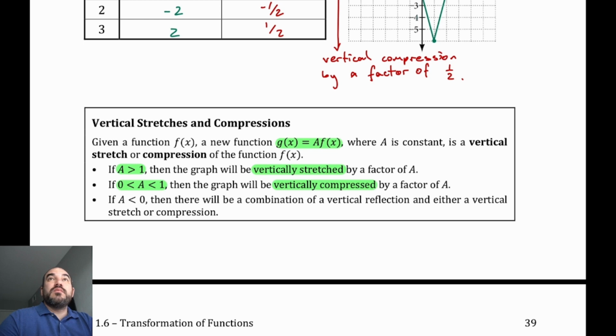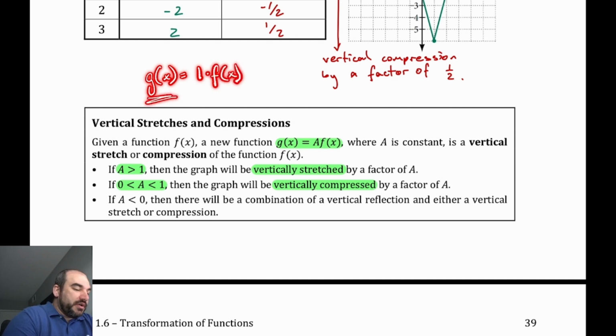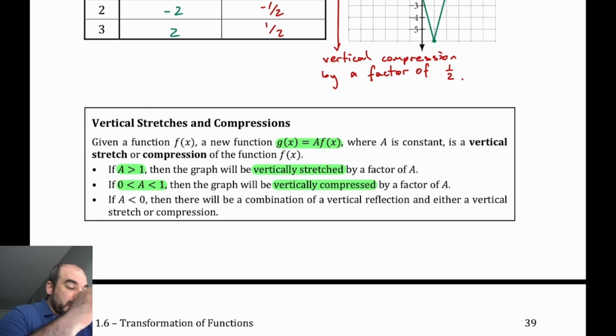Would it be that nothing would happen to the graph? Right, because if a was 1, then g of x, the new function, would just be equal to 1 times the original function, which means the new function is just equal to the old function, right? Multiplying the y values by 1 doesn't do anything, so there's no stretch or compression. It's just identical to the original function.